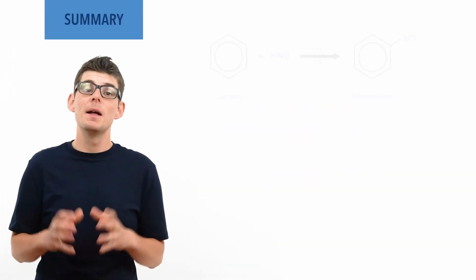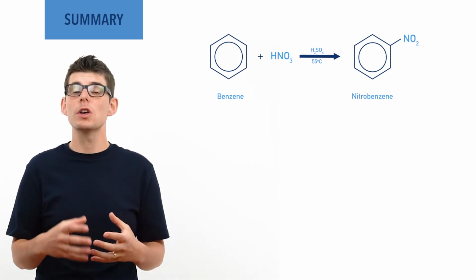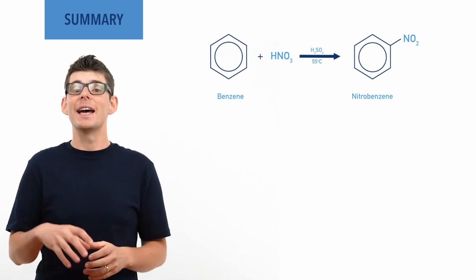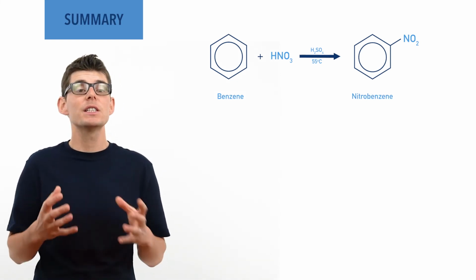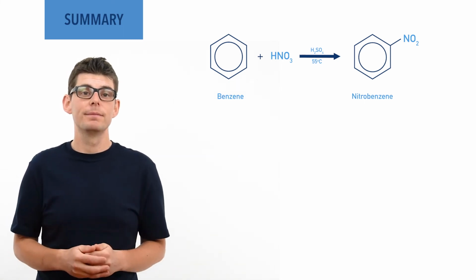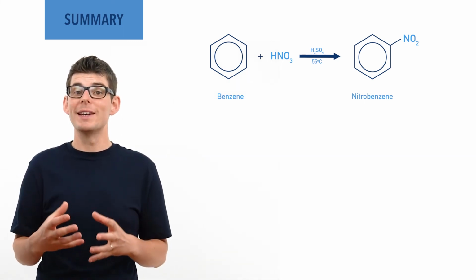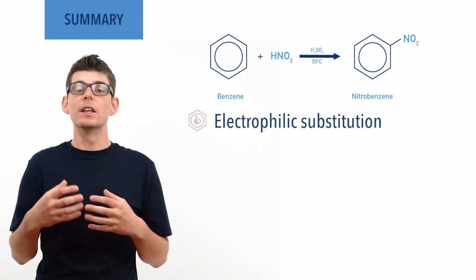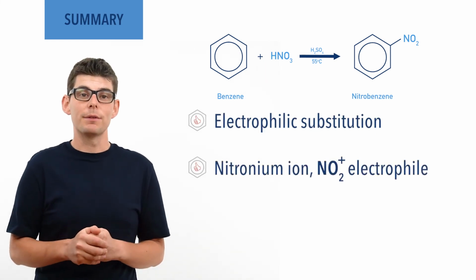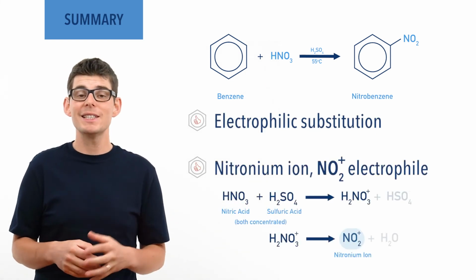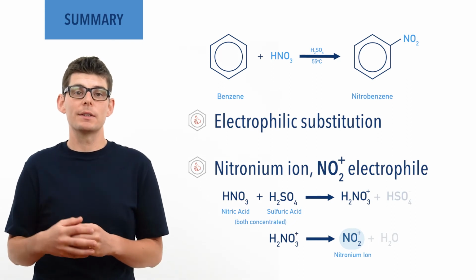So, to summarize, benzene reacts with a warm mixture of concentrated nitric acid and concentrated sulfuric acid to form nitrobenzene. The reaction is an example of electrophilic substitution, and a nitronium ion is created by the reaction of concentrated nitric acid and concentrated sulfuric acid.